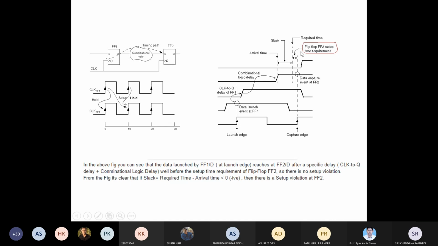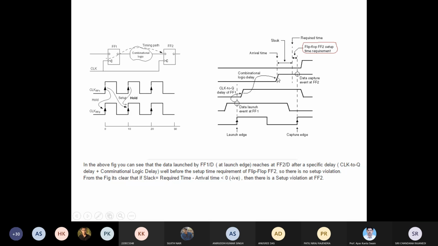If you subtract the arrival time from the required time, you get one term called slack. Slack is calculated, as you can see below, as required time minus arrival time. If it is positive, say the required time is 9 and the arrival time is 8, then 9 minus 8 is 1, so there is no violation.